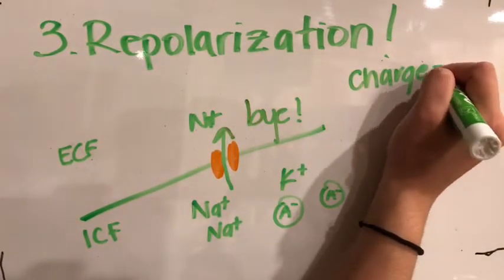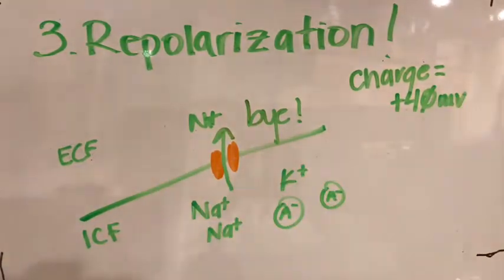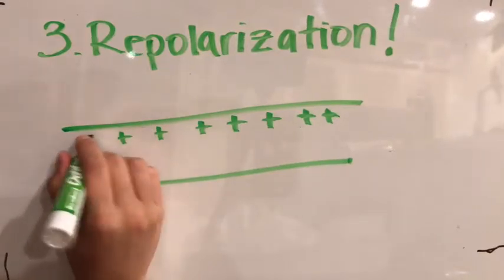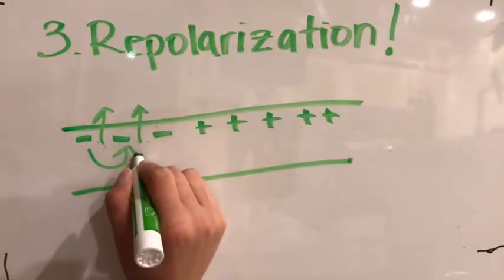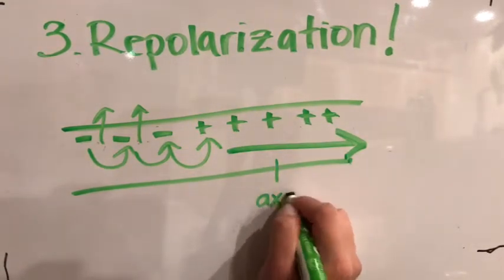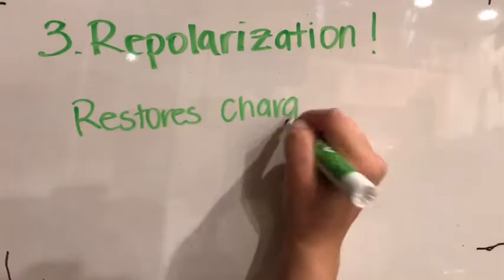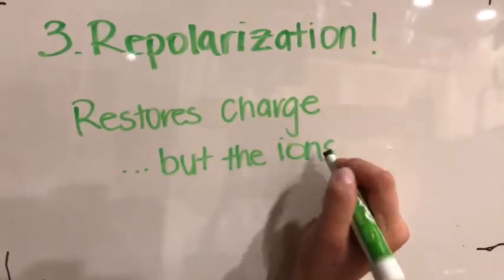This all occurs around 40 millivolts. As the positive charges leave, it occurs in a wave-like form along the length of the axon. This restores the charge, but the ions have switched spots.